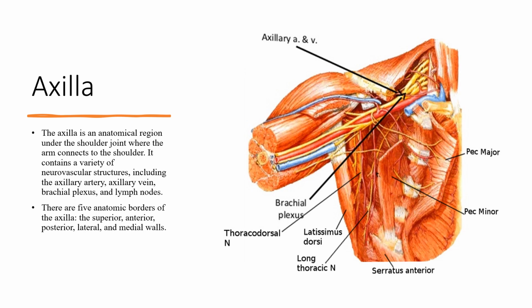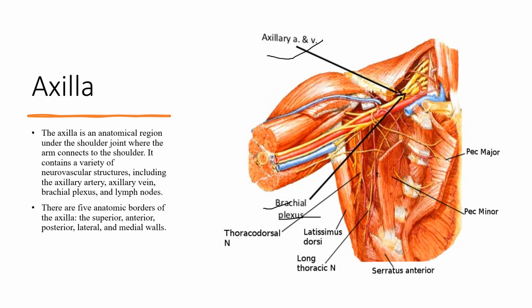As you can see in this diagram, the axilla is a pyramidal shaped space in the upper limb, and it contains the axillary artery and vein. It also contains the brachial plexus, and it also contains the axillary lymph nodes, which are not shown in this diagram.